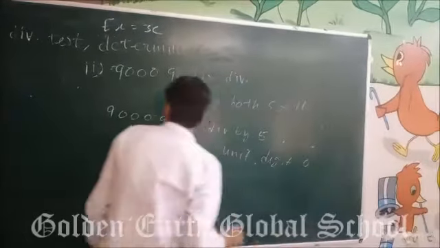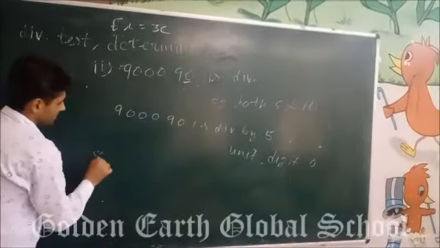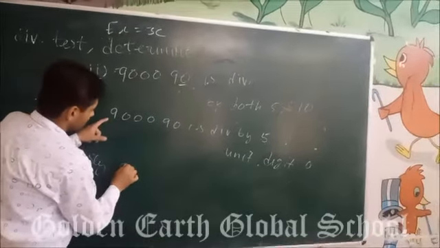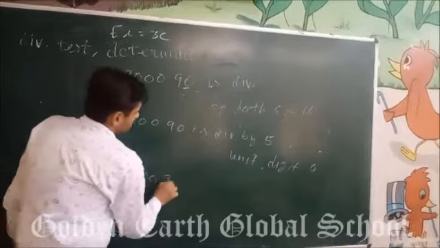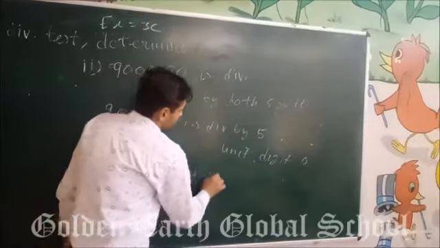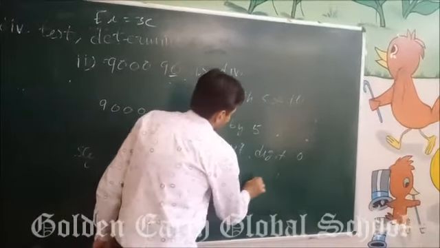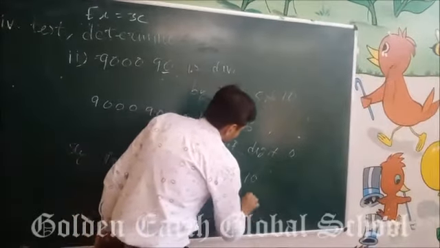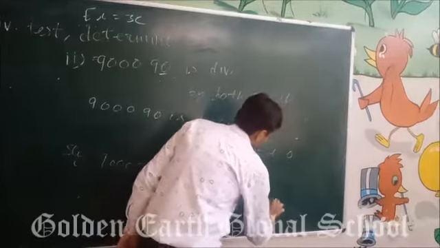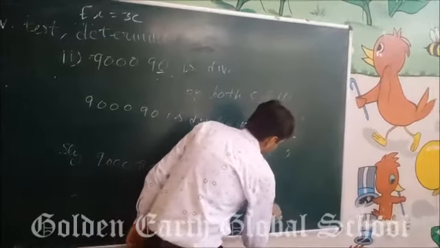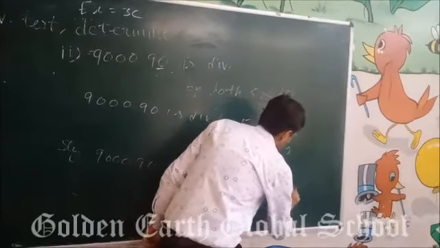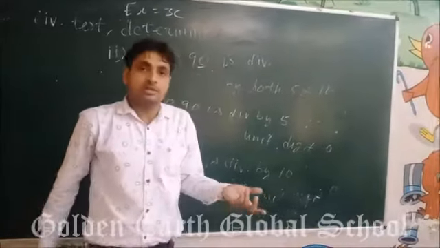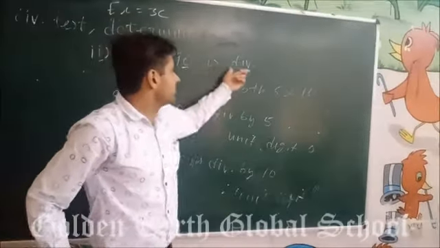Similarly, 900090 is divisible by 10 for the same reason, the unit digit is 0. So it is divisible by both 5 and 10.